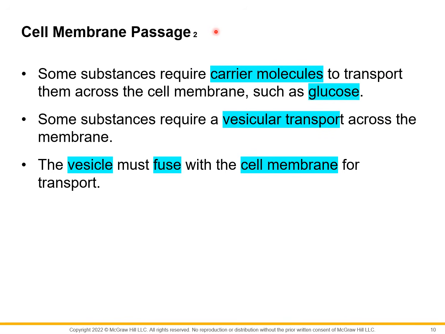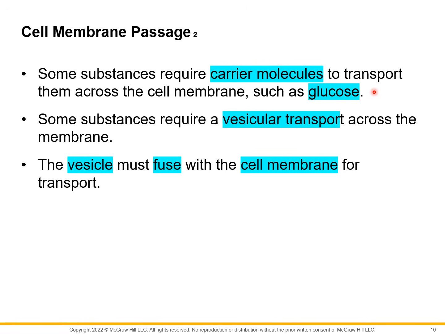This slide talks about other substances and how they get inside of the cell. Next is glucose. So if you remember from past discussions, glucose is a monosaccharide, and this is also the most basic structure of sugar or basic structure of carbohydrate that could be utilized by our cells for energy production.